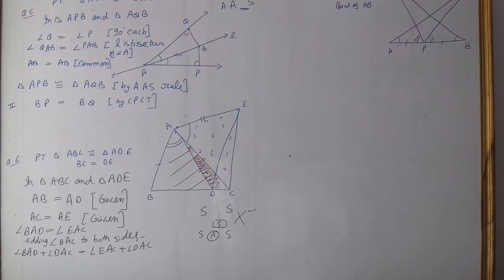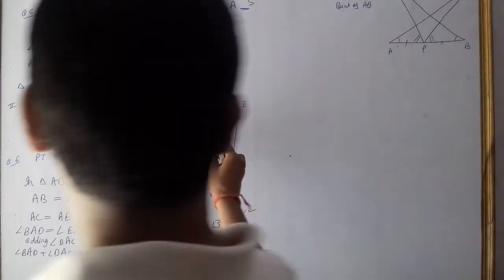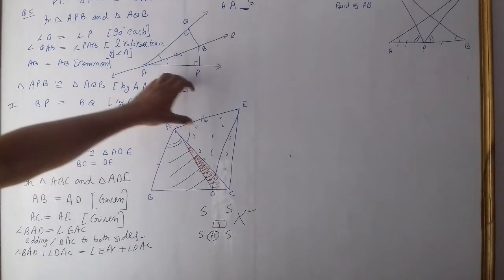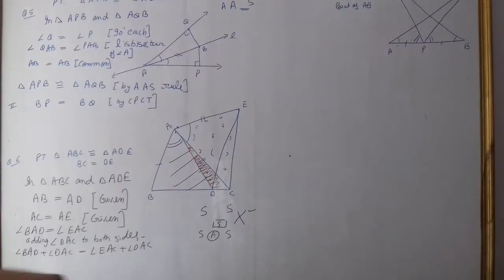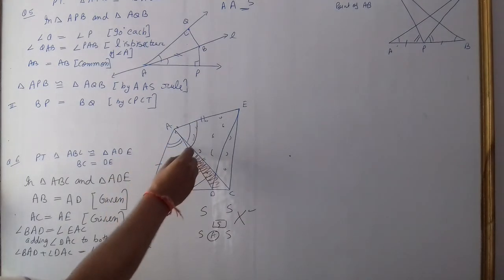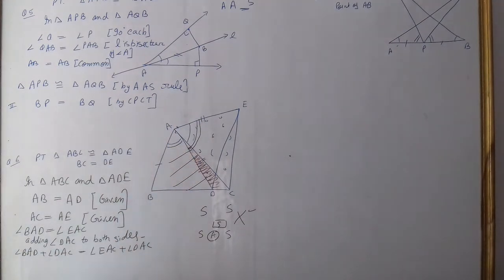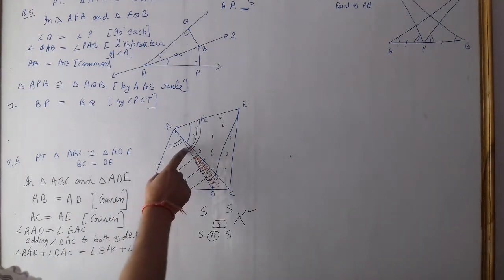Because we have only this part and we require the whole part here till here, right? So for getting the whole part, we have to add angle DAC to both sides, right? Now we have the whole angle here, this one.